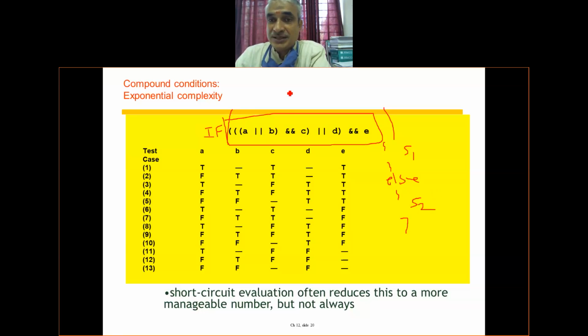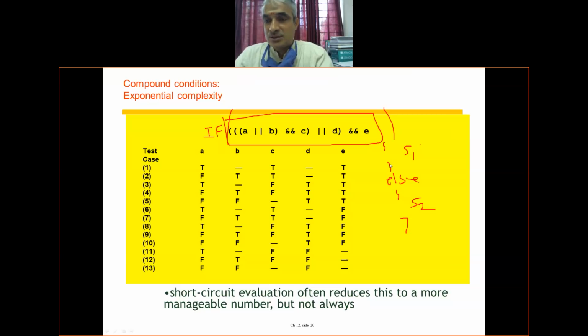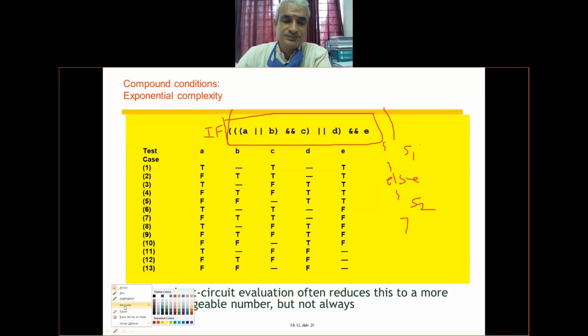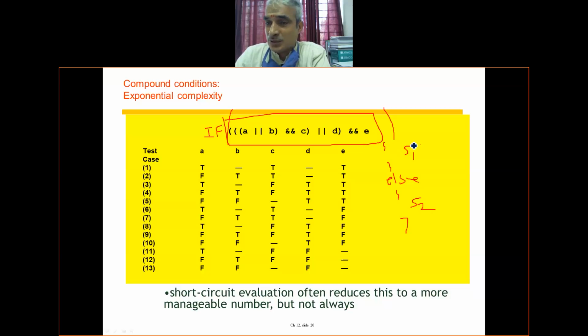The decision is whether you are executing this or your else part. This entire thing constitutes the decision.